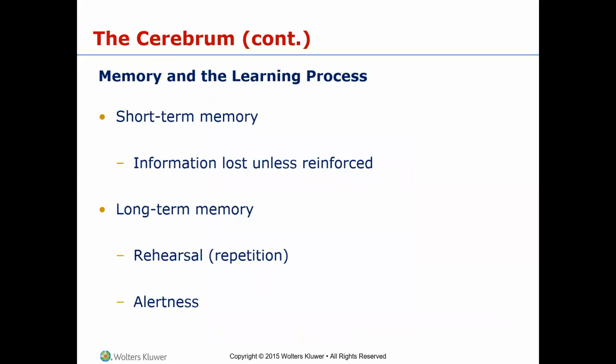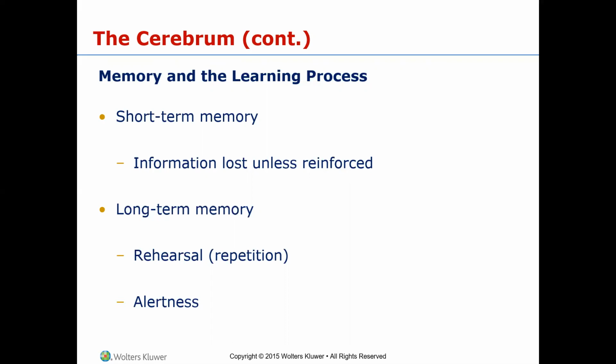Okay, in order for us to learn, we have to commit certain information to memory. What goes into our short-term memory is anything that is recited just a few times, and if you don't repeat it over and over again, it does not go into the long-term memory. Something that you do again and again is going to go into your long-term memory.